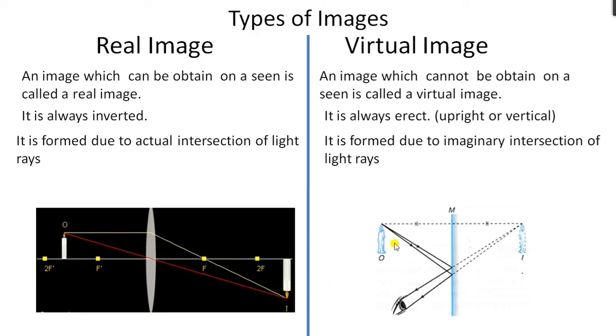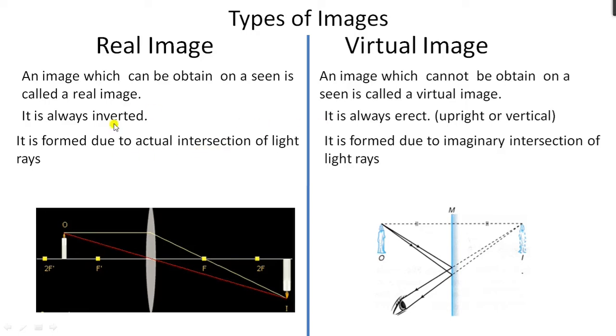But here you can see this is the candle and this is the image, but the light from the candle cannot go inside the mirror. It gets reflected from the surface, but the imaginary lines drawn from these rays meet at the back of the mirror. So here rays are meeting, and here rays are not meeting to form the image.